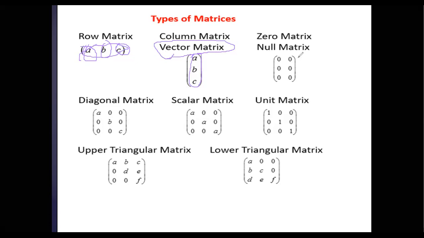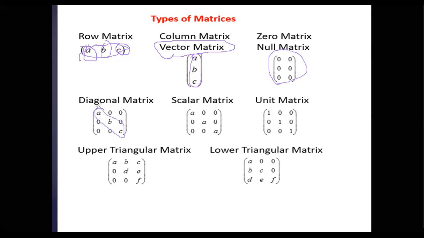Then zero matrix: a matrix having no element, or if all the elements are zero, then it is called null matrix or zero matrix. After that, what is the meaning of diagonal matrix? So this is called the diagonal line.